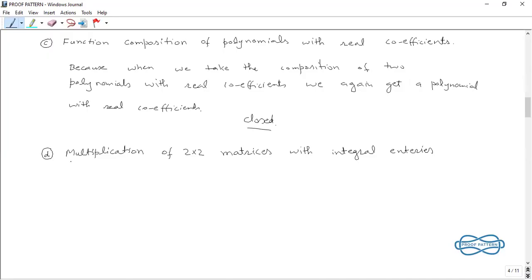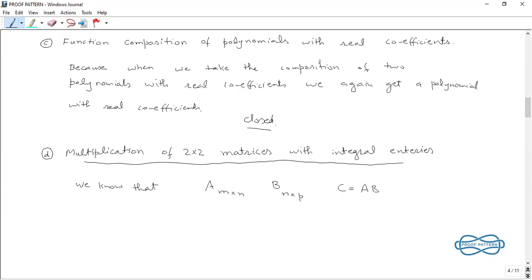The next is we have to check the multiplication of 2 cross 2 matrices with integral entries. We know that if a matrix A has dimension m cross n and the matrix B has dimension n cross p, the resultant matrix C, which is equal to AB, will have dimension m cross p.